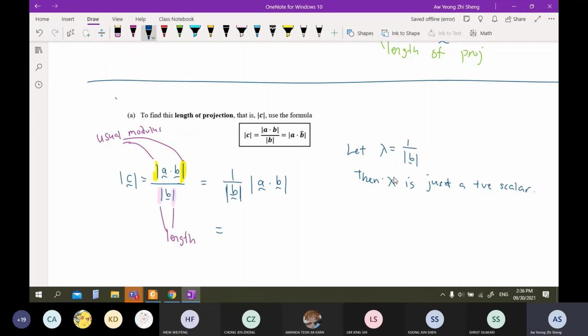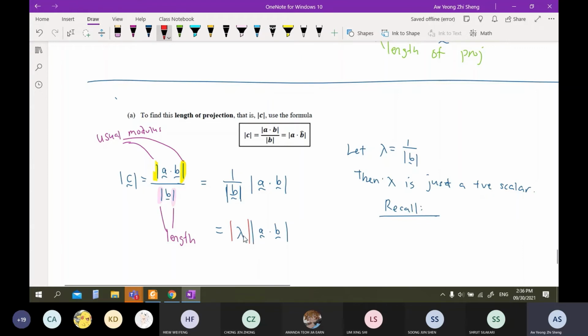Okay, so let's rename 1 over modulus B as lambda so that everyone can see easily. Lambda times modulus of A dot B. Now, because lambda is a positive number, it remains the same even if I put modulus to it. Modulus of lambda is the same as lambda. Now, recall properties of modulus.